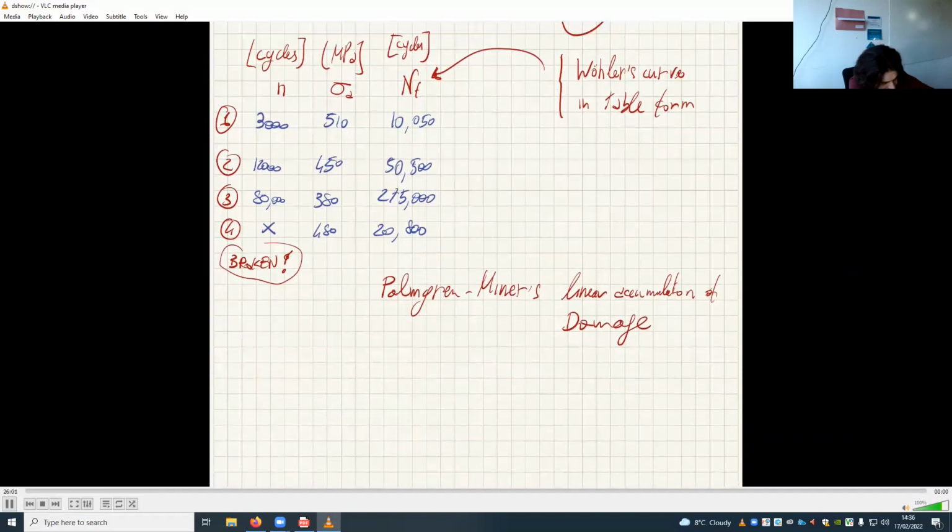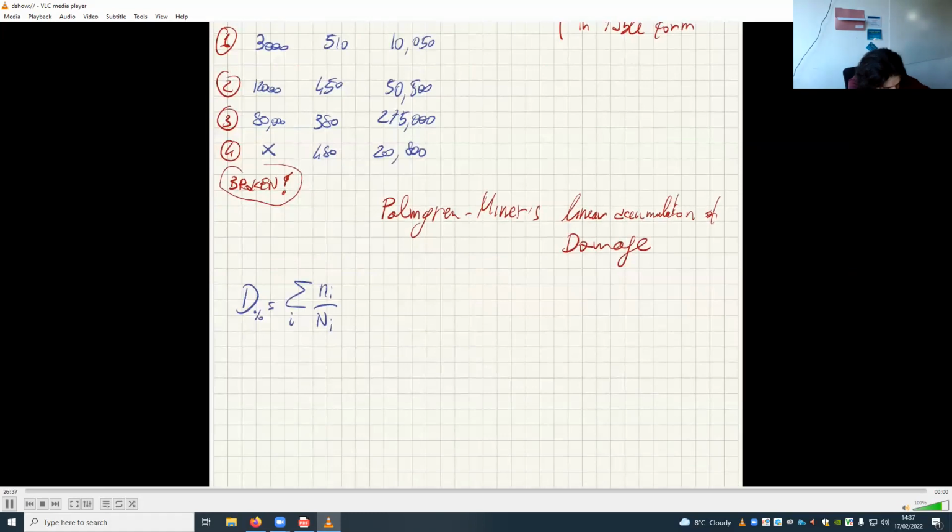That means that the total damage, in percentage, is the sum of ni over capital Ni. So you have effective cycles over cycles to failure at that particular stress. So we can just do this divided by this, plus this divided by this, plus this divided by this, plus this divided by this. We know that it's broken, so it must be equal to 100%, basically.